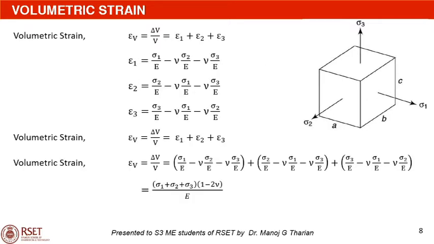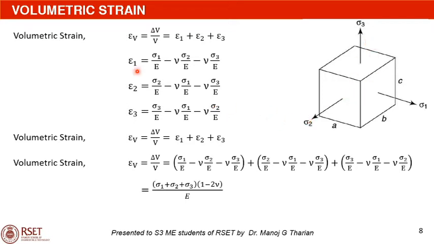We have seen the volumetric strain epsilon V is equal to the sum of the linear strains, that is epsilon 1 plus epsilon 2 plus epsilon 3. When we have stresses sigma 1, sigma 2, sigma 3 which are mutually perpendicular acting on the cuboid, when we calculate the strain along direction 1, that is epsilon 1, we should include the effect of lateral strain caused by sigma 2 and sigma 3 along direction 1.